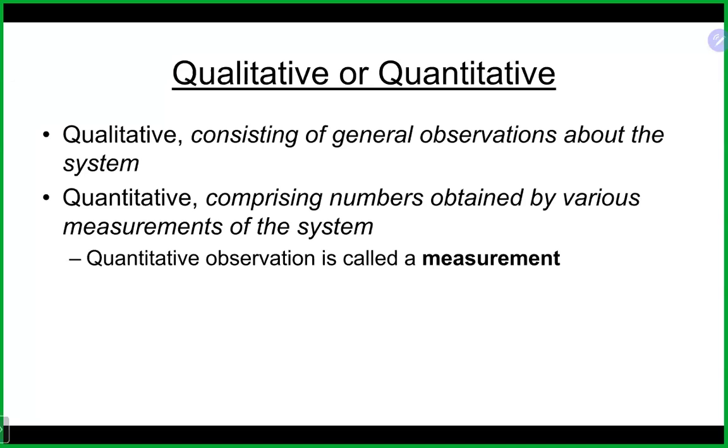Quantitative is all about numbers. It's all about measurement. When you put something on a balance and it's 56.325 grams, that is a quantitative measurement. You measure out exactly 5.00 milliliters, that is quantitative, right? You want exactly that amount. Those are also really important to take.